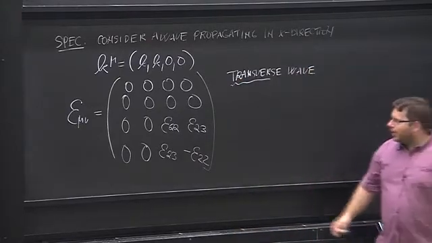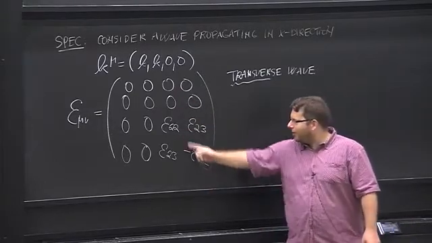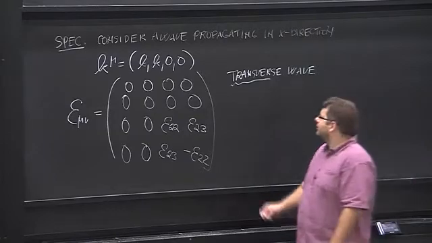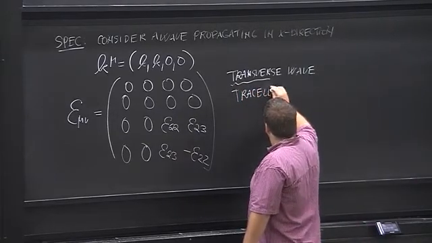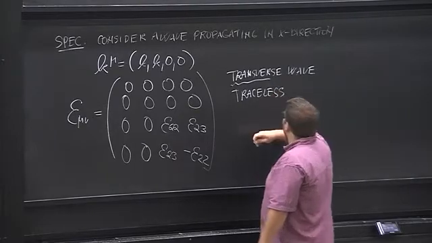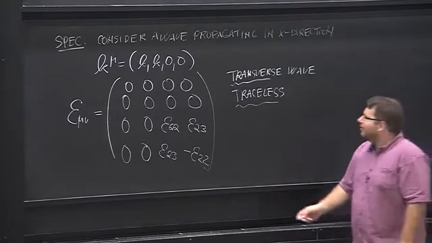But you also see that if I take a trace of this, if I look at the diagonal, I get 0. So this is traceless.